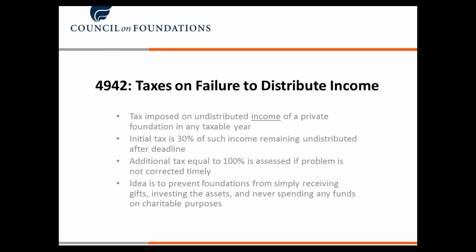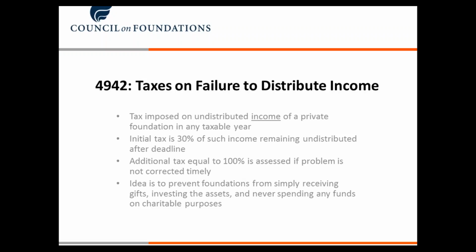What it does is impose a penalty tax on the undistributed income of a private foundation in any taxable year. The initial penalty tax is 30% of the income that remains undistributed after the deadline.